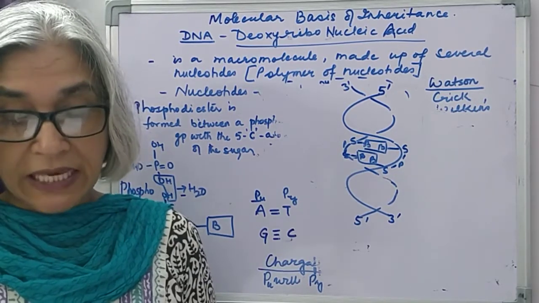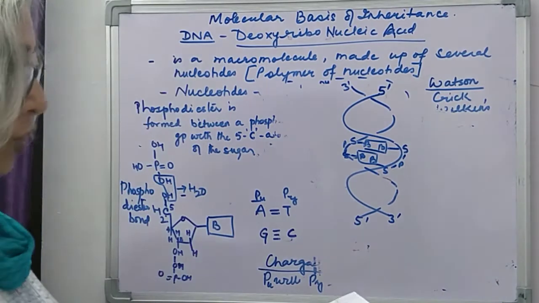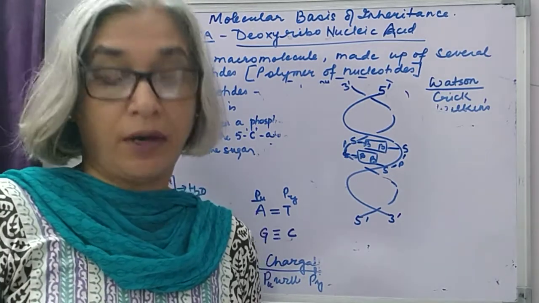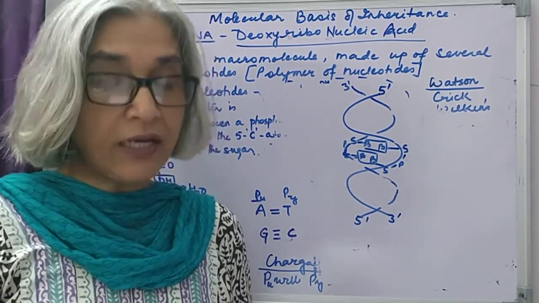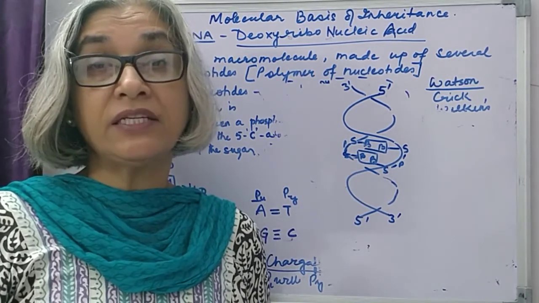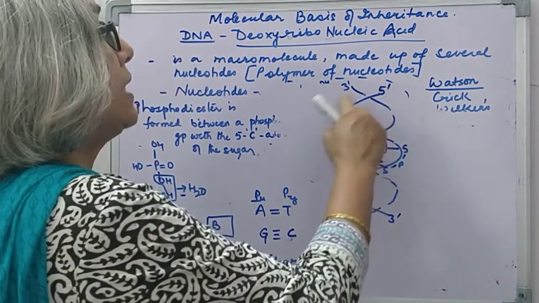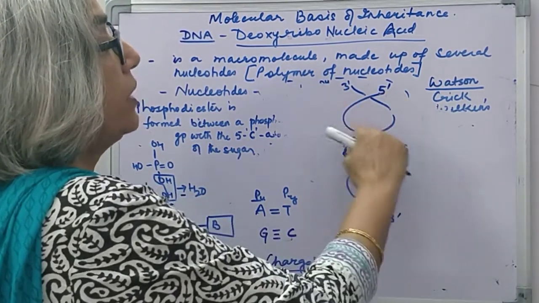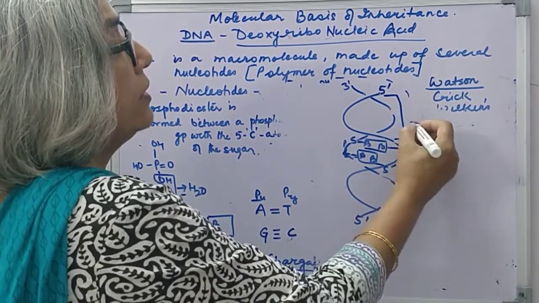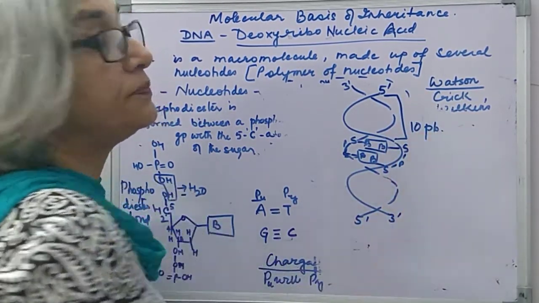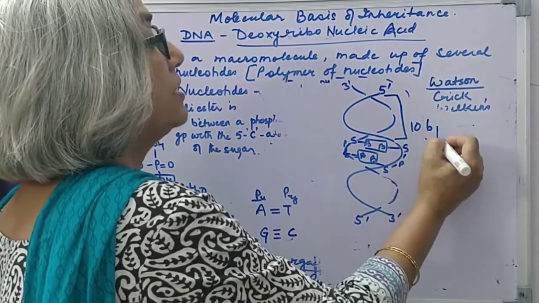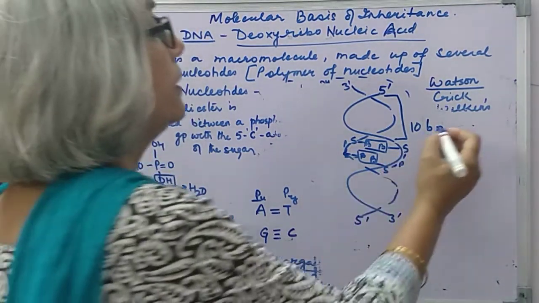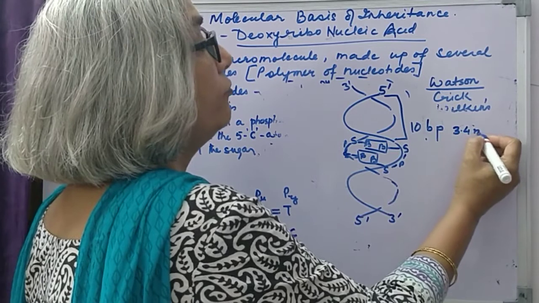The double helix takes a complete turn after 3.4 nanometer, and 1 nanometer is 10 to the power minus 9 meters. There are 10 base pairs in one complete turn. From here till here, there are 10 base pairs, and the distance across these 10 base pairs is 3.4 nanometer.